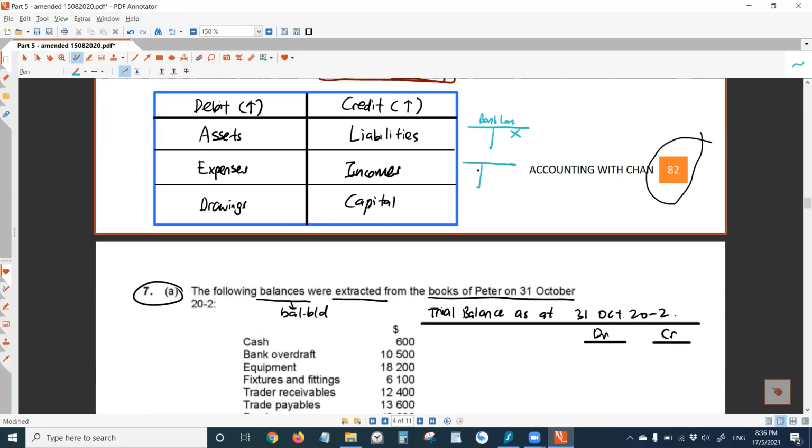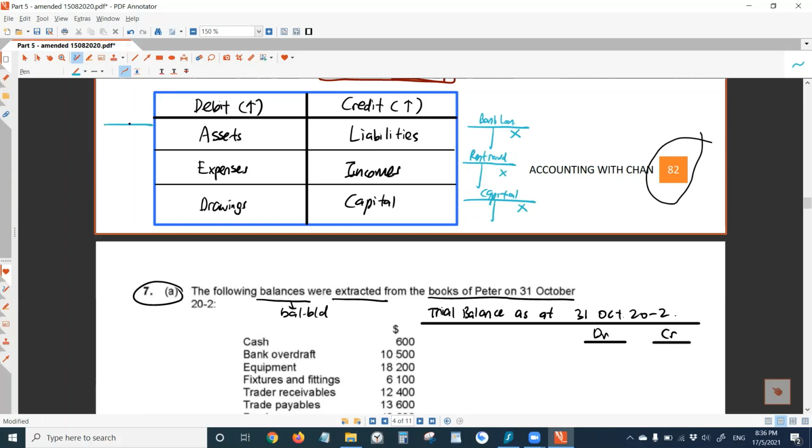For an income account, for example rent received account, debit cash or bank, then you credit rent received account. Capital account: when you invest into the business, you debit cash, credit capital. So for these three accounts, the credit side means an increase.